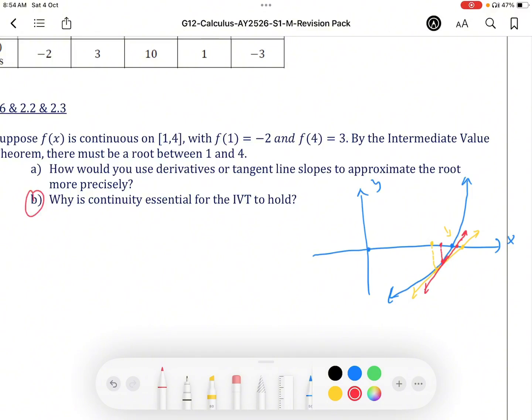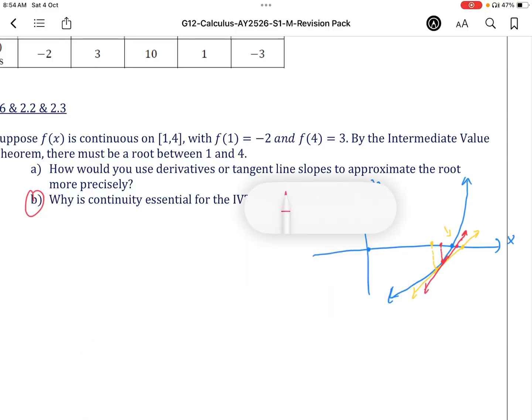Part B, how is continuity essential for the IVT?